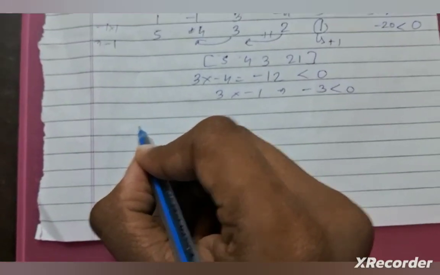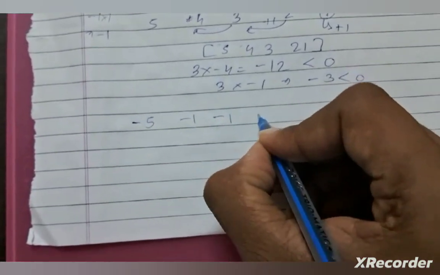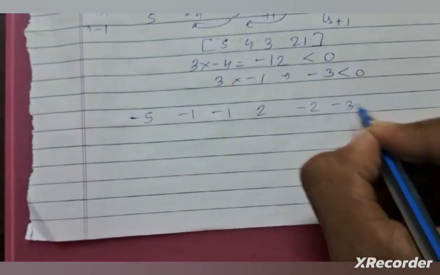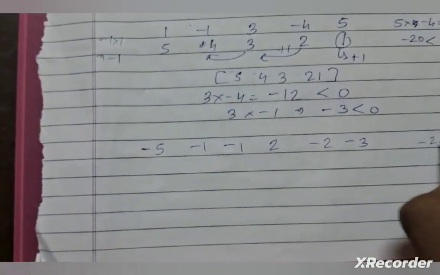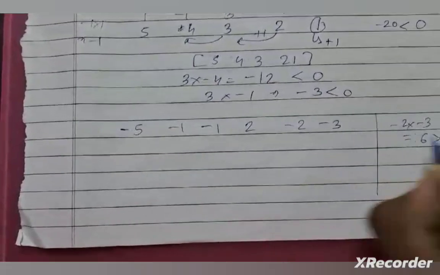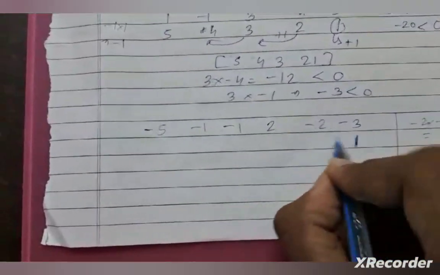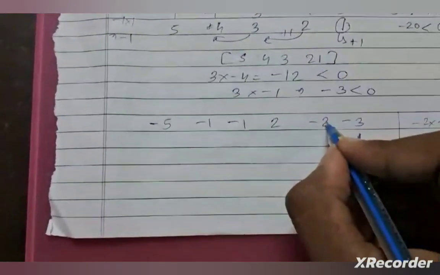Is that clear? So now take another example: minus 5 minus 1 minus 1 2 minus 2 minus 3. So minus 2 multiply minus 3 equals 6, which is greater than 0. Always remember, we take the last element as 1 and then start from the second last element.